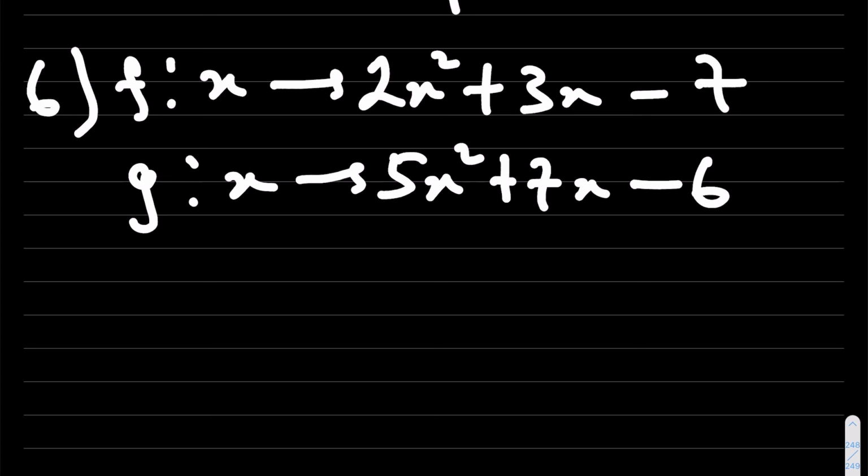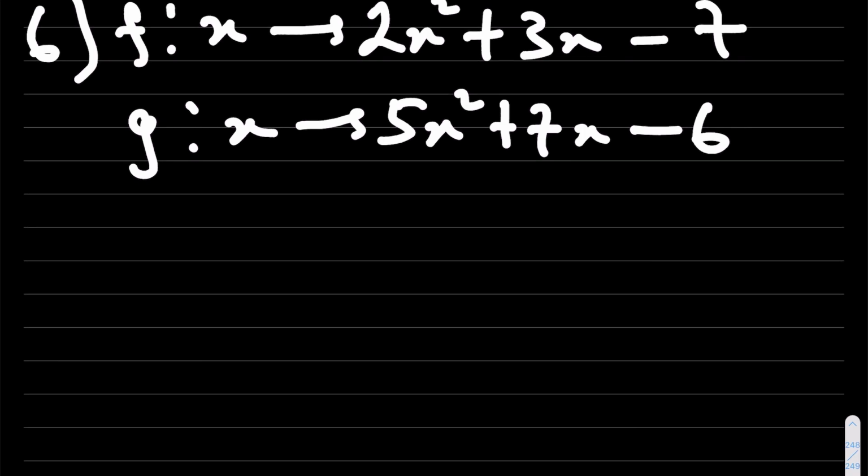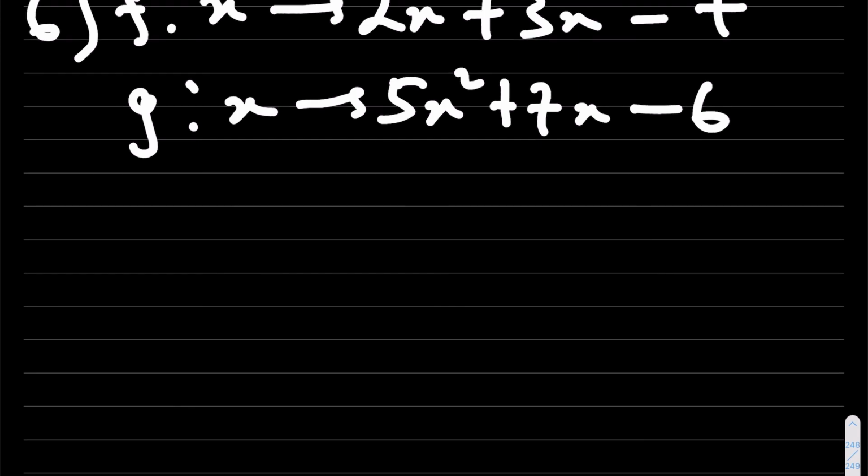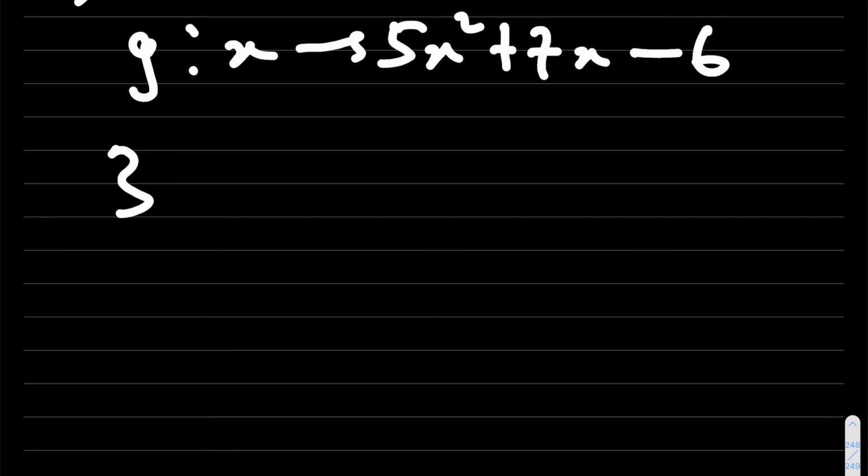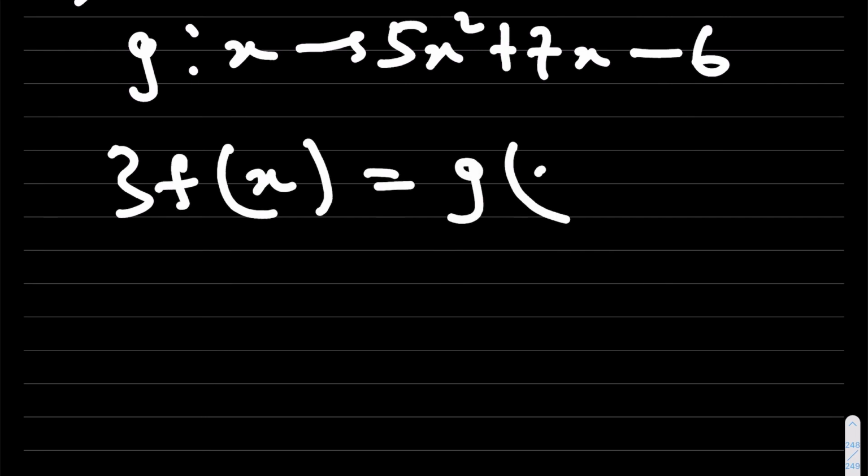F is 2x squared plus 3x minus 7, and g is 5x squared plus 7x minus 6. The two functions are defined on the set of real numbers R. Find the values of x for which 3 times f of x is equal to g of x.